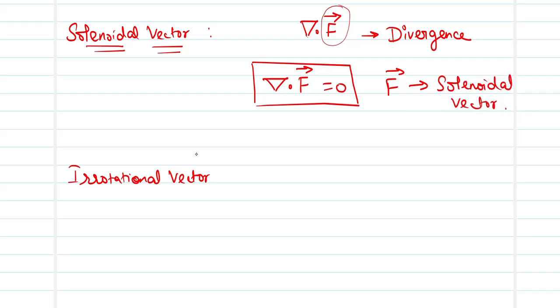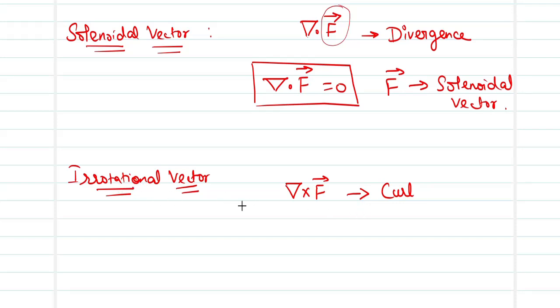Next, what do you mean by irrotational vector? We already defined the cross product of del with the vector f, and we refer to it as curl. It measures the magnitude and the direction of rotation of a point in a vector field. So how much it can rotate is called curl. So what do you mean by irrotational?